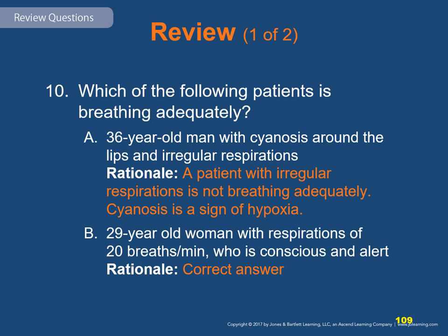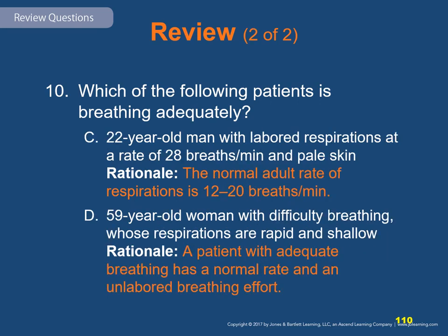Cyanosis is a sign of hypoxia. B is the correct answer. Answer C: the normal adult rate of respirations is 12 to 20 breaths per minute. Answer D: a patient with adequate breathing has a normal rate and unlabored breathing effort.